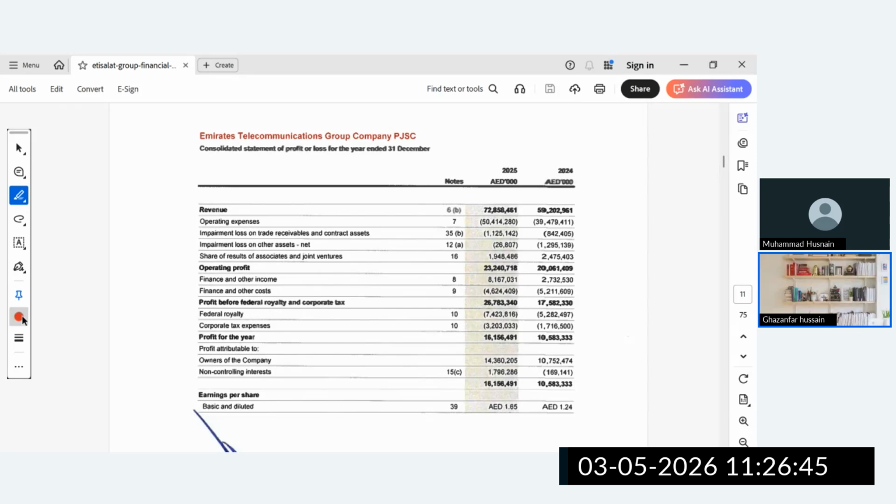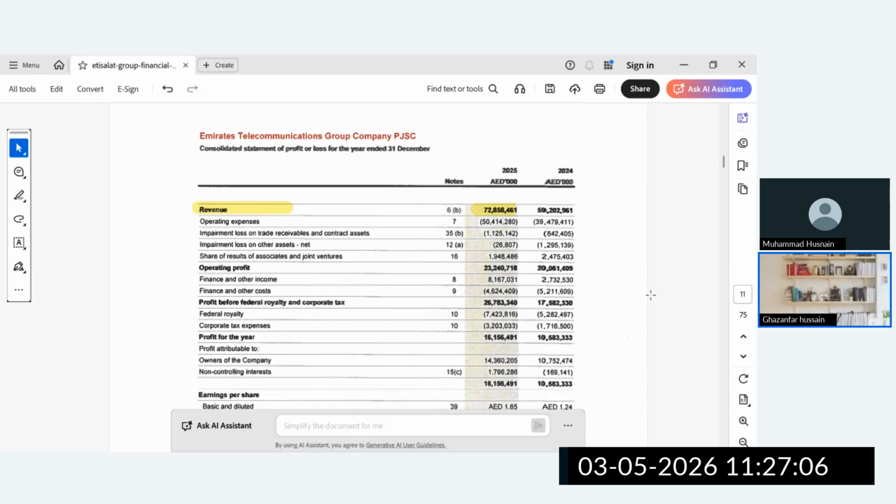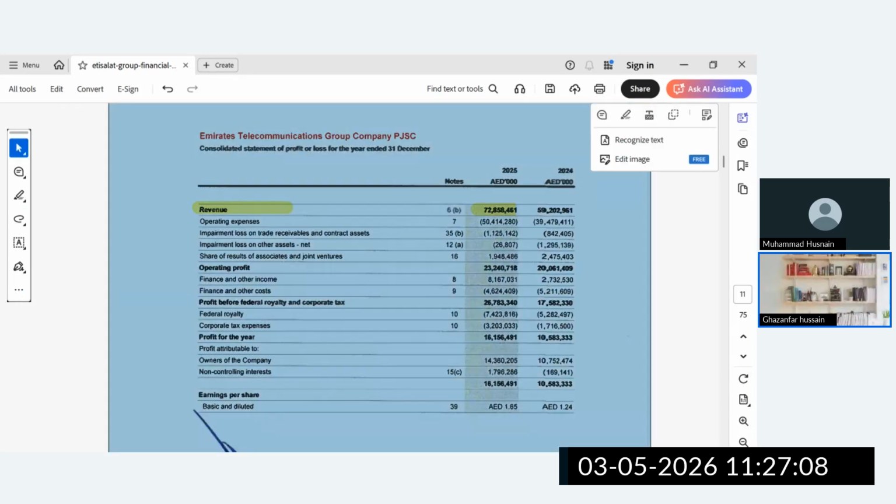So let me highlight over here where we are discussing. This is what we are discussing. This is the revenue from the audited financial statement. But in the tax return, which other figure will be relevant for us? So let's see down. Is there any other figure?